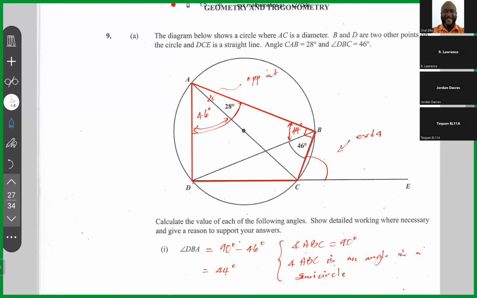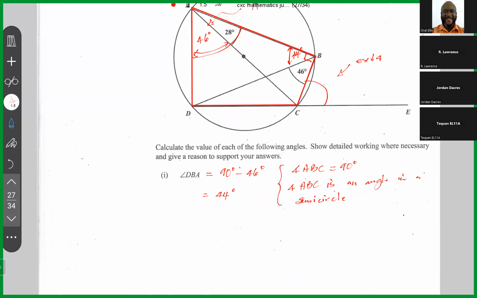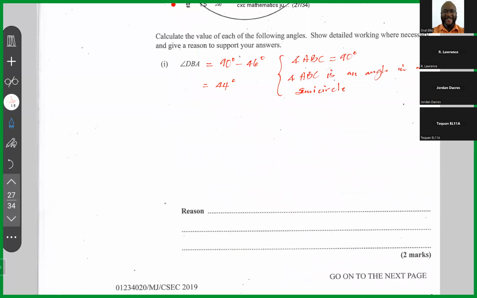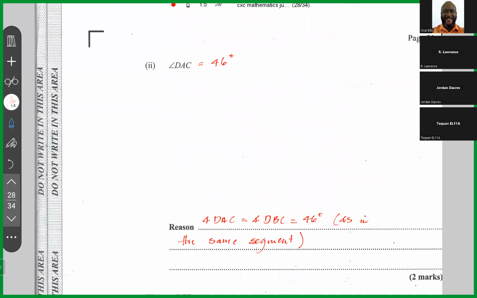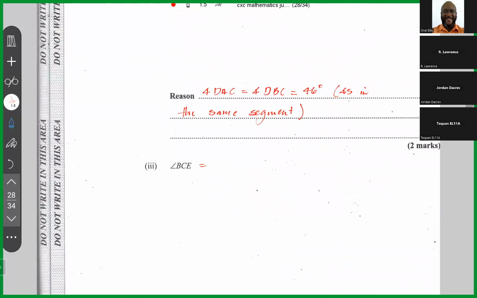And the exterior angle of a cyclic quadrilateral is equal to the opposite interior angle. So I would say to the examiner that angle BCE would be equal to 46 plus 28. That would be 74 degrees.